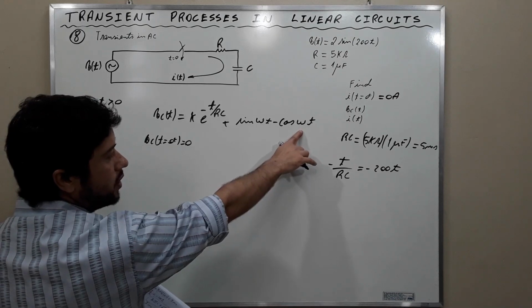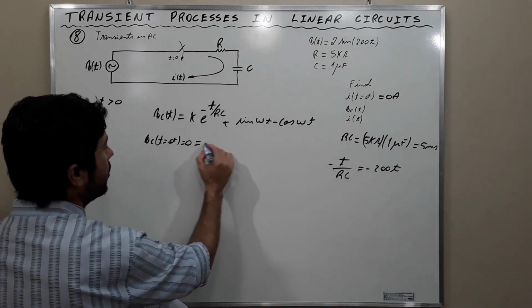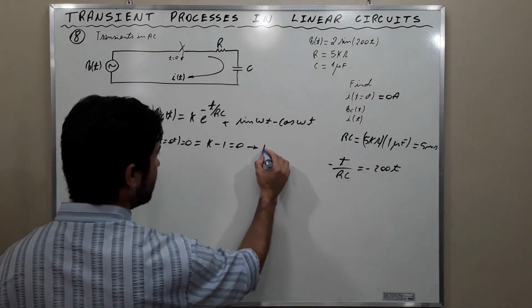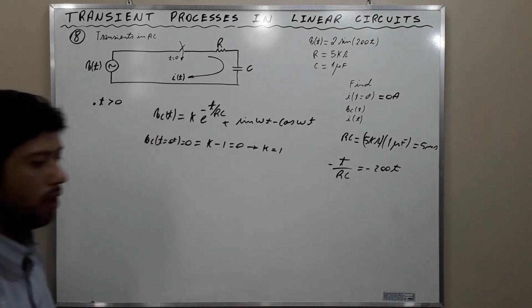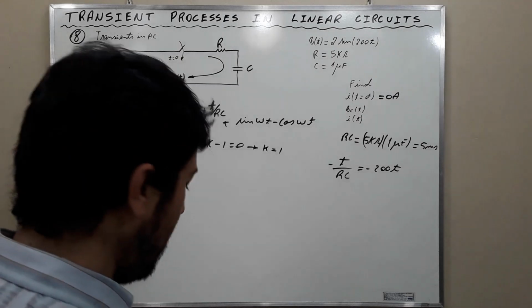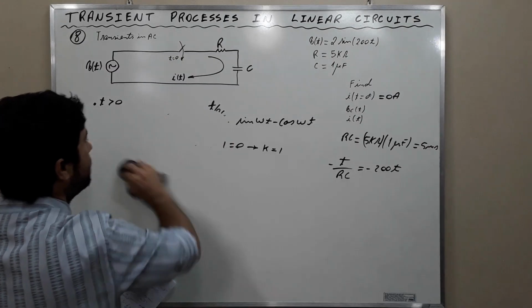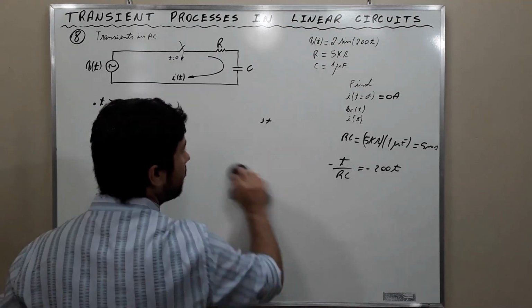The cosine of 0 is 1. Then it is going to be k minus 1 equal to 0. And we find that k is equal to 1. Alright? In this way, our differential equation will have this general solution here.